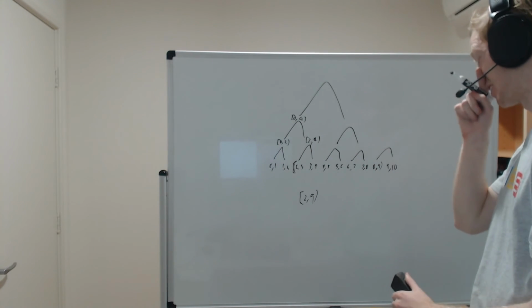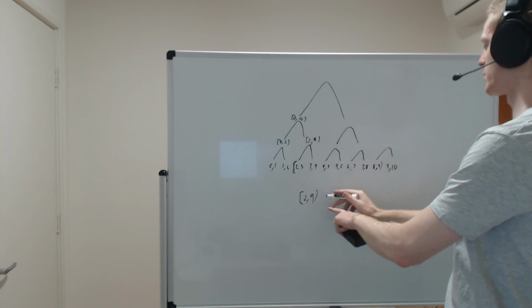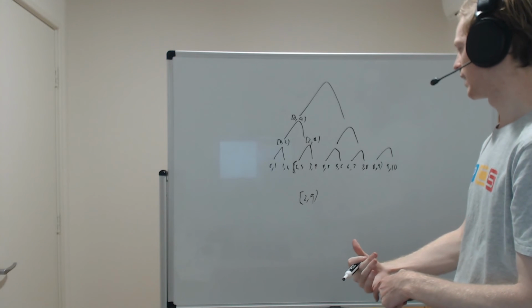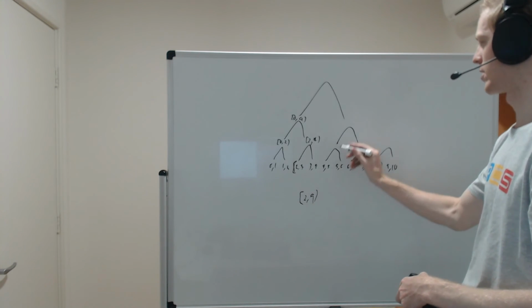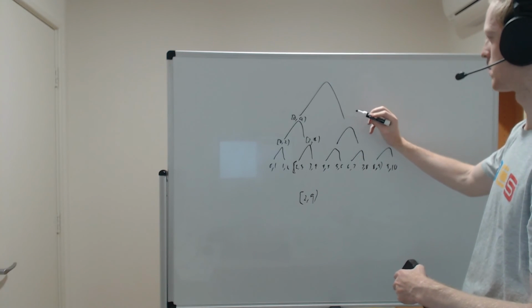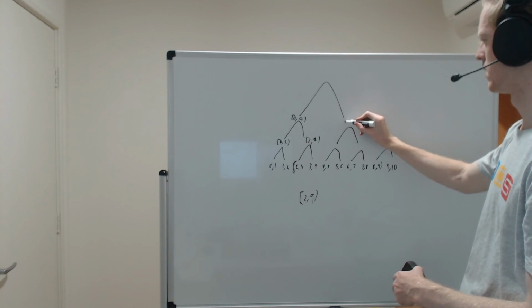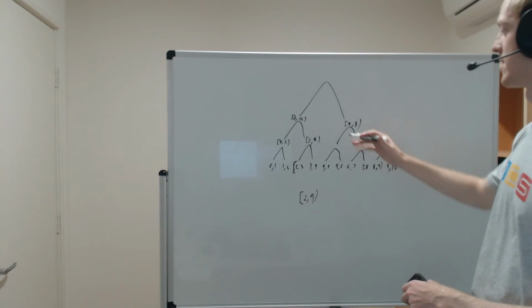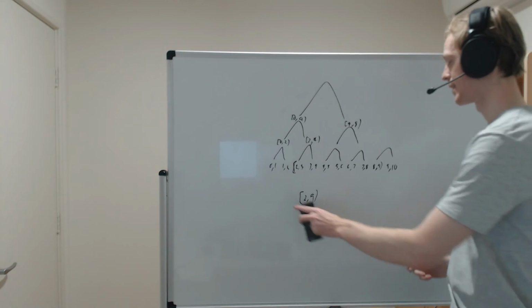So let's do that partition. We can see between 2 and 9, the number with the greatest least significant bit is going to be 4. So this is going to be 4 to 8 here. So the least significant bit of this will be 4.